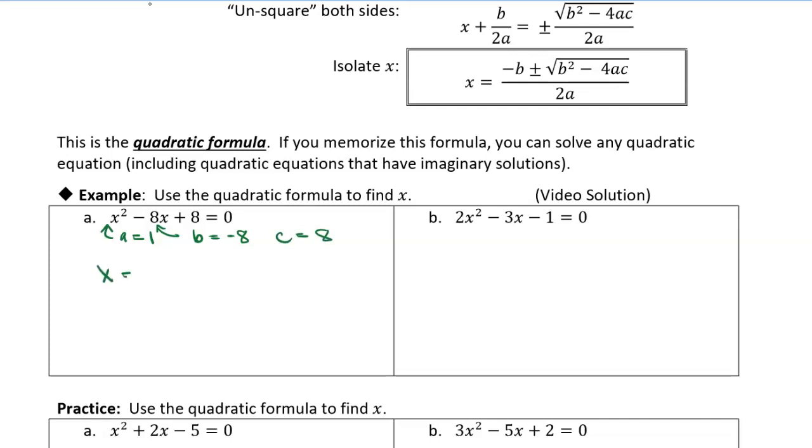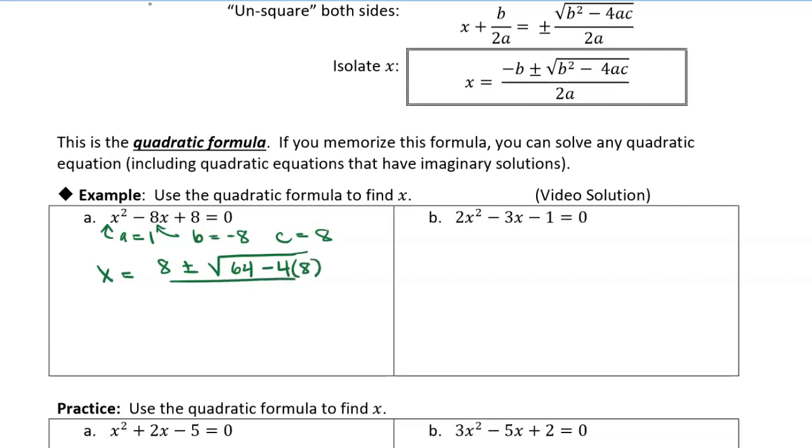So x equals negative b, so negative of a negative 8 is a positive 8, plus or minus the square root of b squared, so negative 8 squared is a positive 64, right? Negative 8 times negative 8. Minus 4 times a, which is 1, so I'm not going to bother writing it, and times c, which is 8.